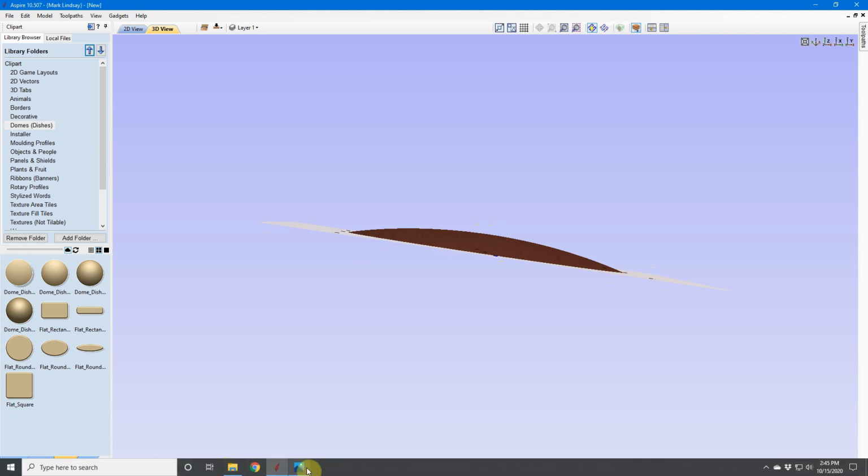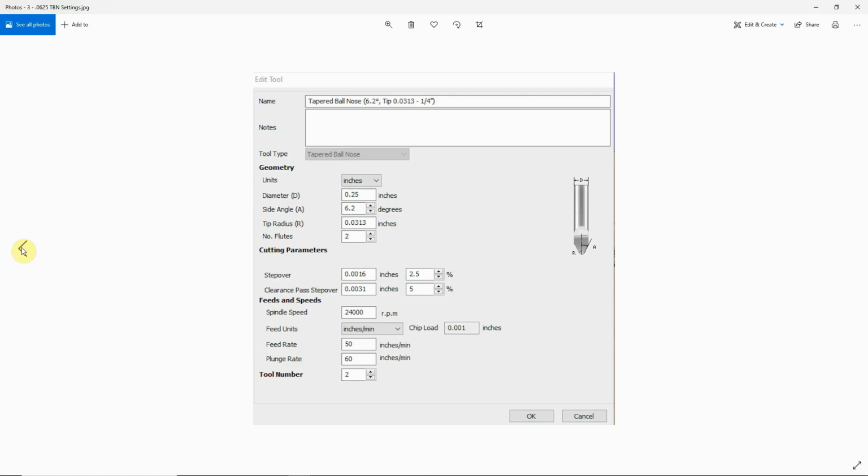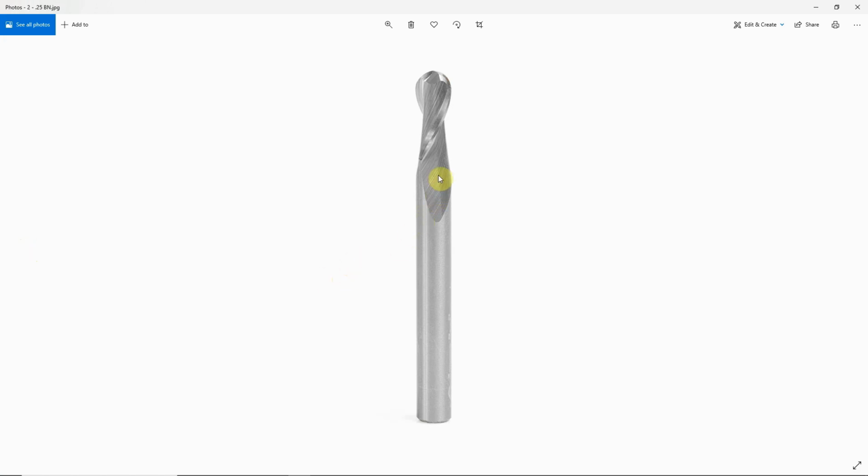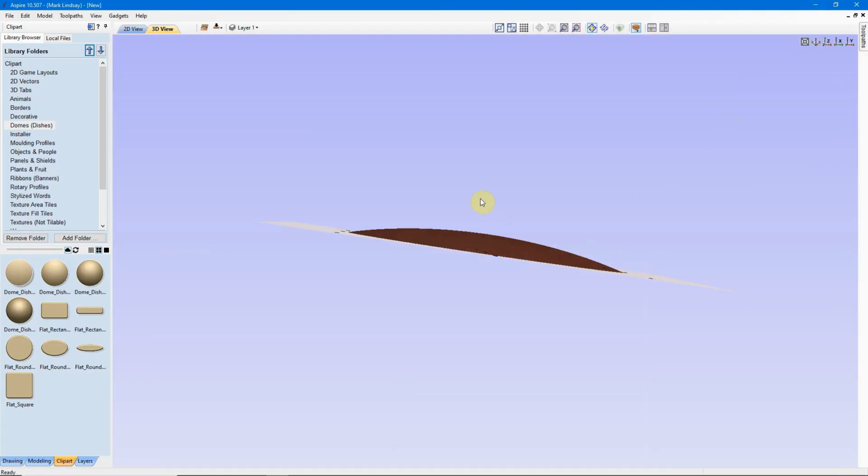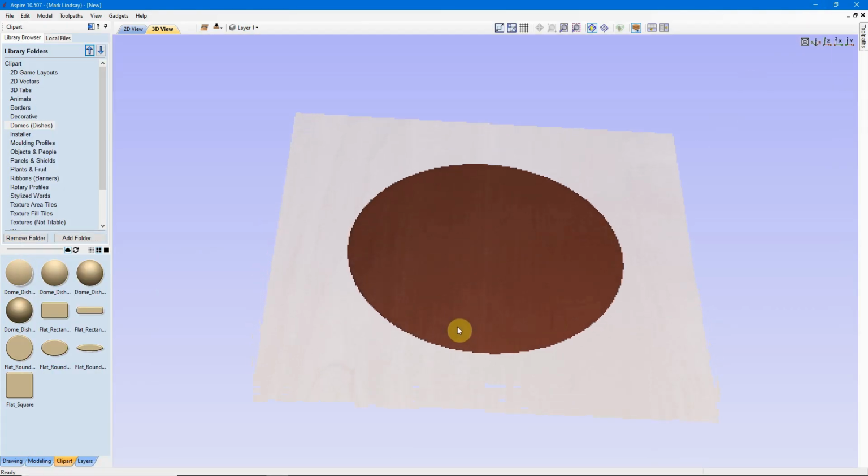We could come back over to a standard 1/4 inch ball nose, set a stepover of 8 to 10%, and get a good finish on this dome.